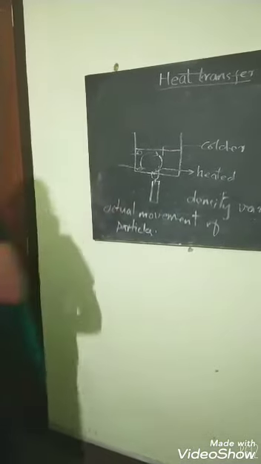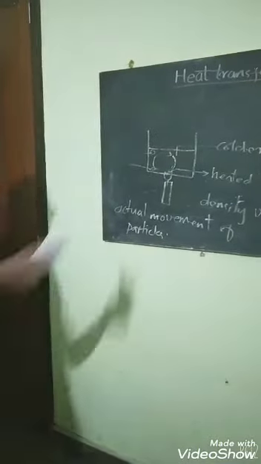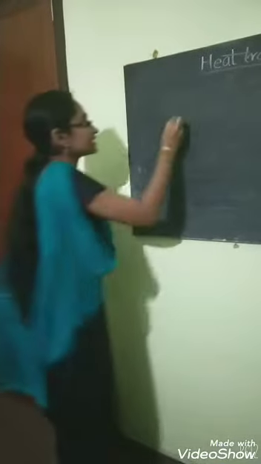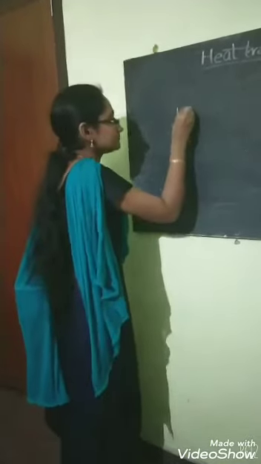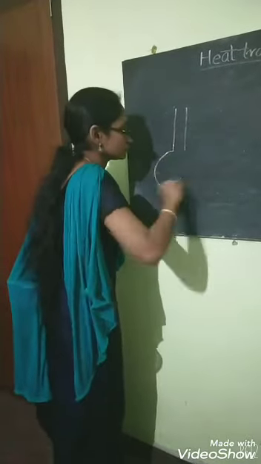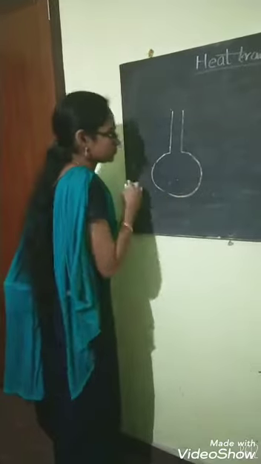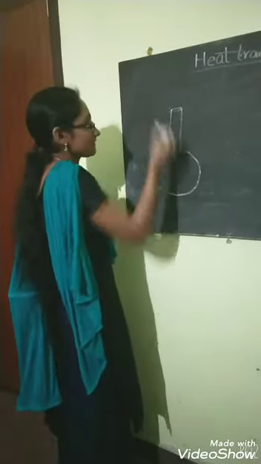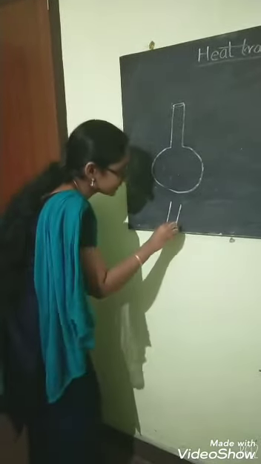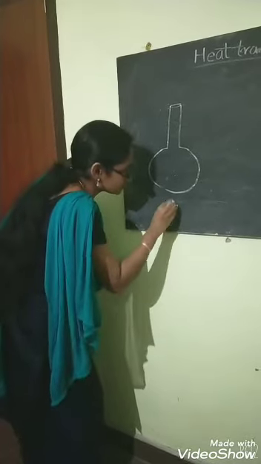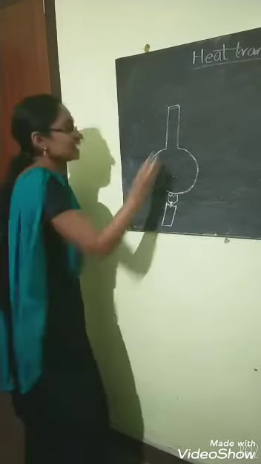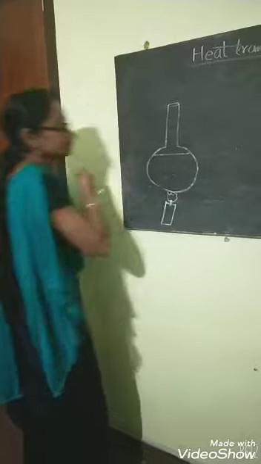And in your textbook, there is another example with potassium permanganate. It has the same effect. They take a round bottom flask, give heat with a candle, and fill it with water.